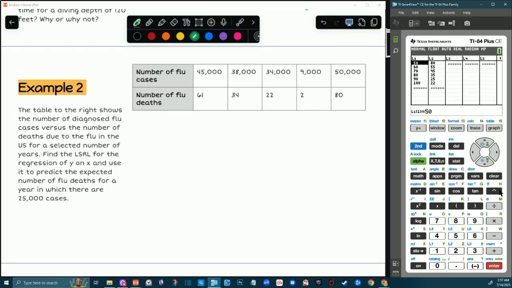So we go to our calculator and we enter our values.